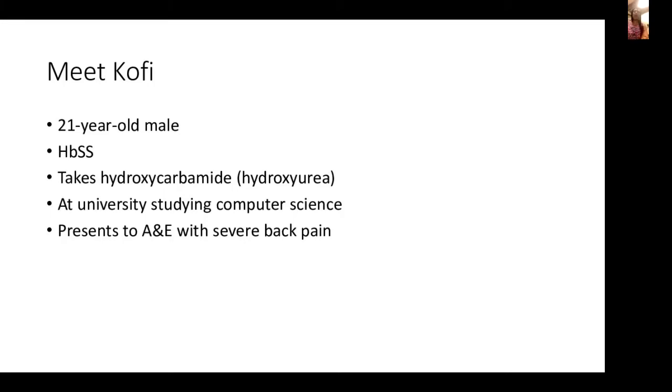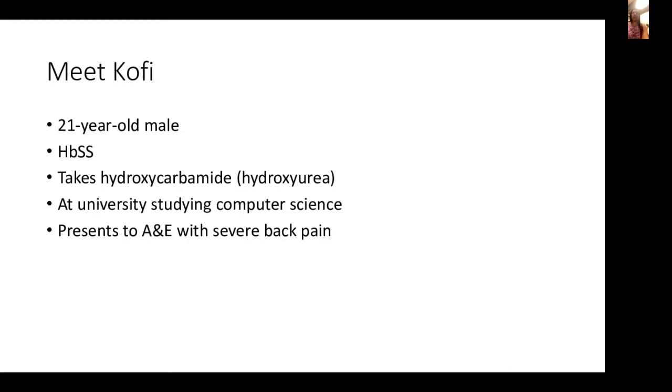So Kofi is a 21-year-old male with hemoglobin SS who's on hydroxycarbamide, known as hydroxyurea outside the UK. He's at university studying computer science, and he presents to A&E with severe back pain. So already in this context, we're alerted that he's got sickle cell, and we're wondering whether he probably has a vaso-occlusive crisis.